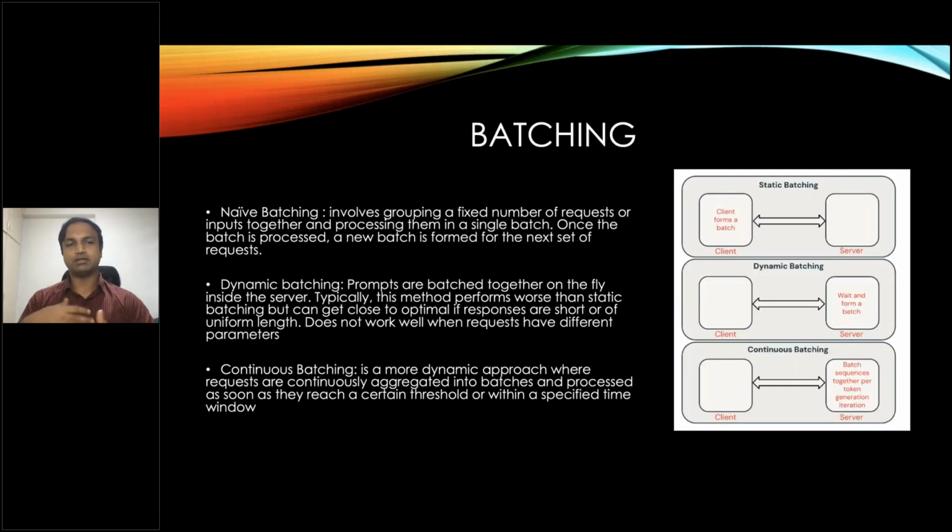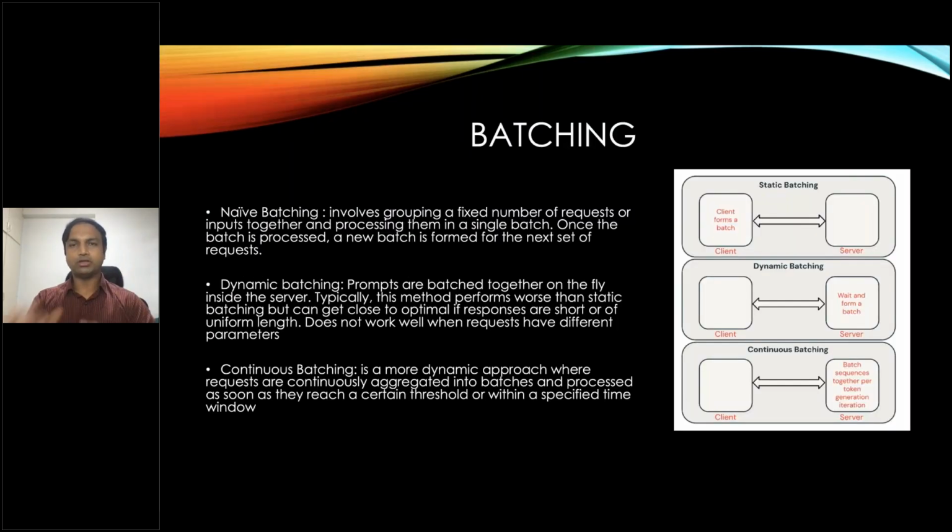So there are different kinds of batching that come into the picture. There is naive batching, which is a fixed number of requests. There is dynamic batching, where the prompts are batched together on the fly, and it goes from a uniform length. But what actually is a really good approach here is continuous batching.